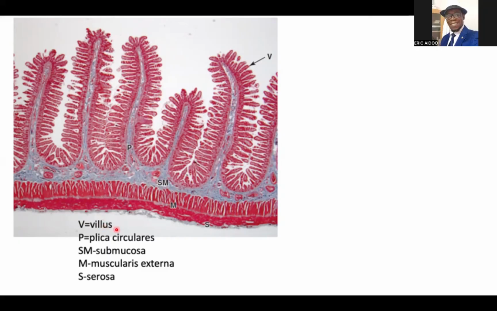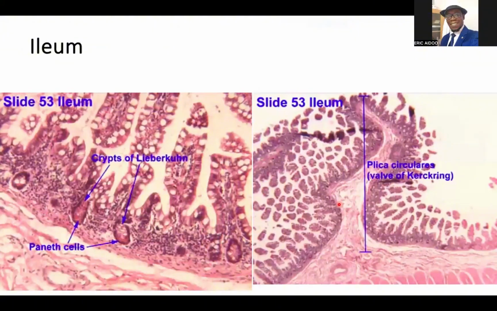So V is villus, P is plica circularis, SM is submucosa, M is muscularis externa, S is serosa. This is also so beautiful. That tells you that you will not miss any micrograph of the jejunum.